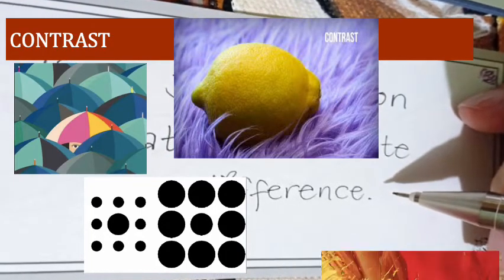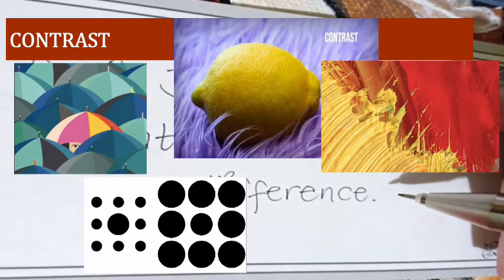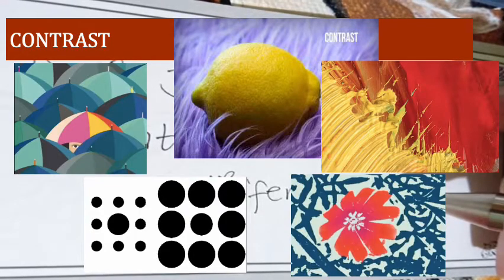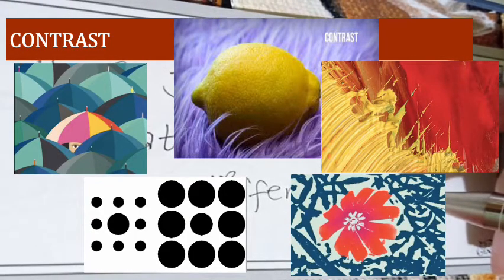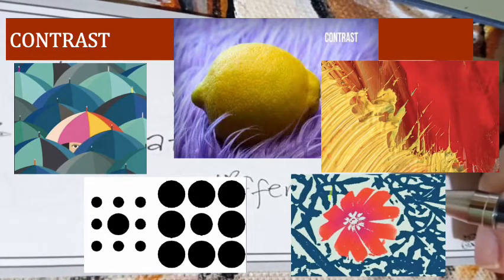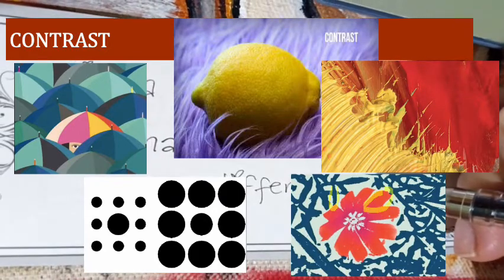And then you can also use texture. From this given example, you can actually identify which is the paint and which is the background because of the texture. So the difference is accentuated again by texture, and even by the types of lines used. The artist uses thin lines and thick lines for some time.